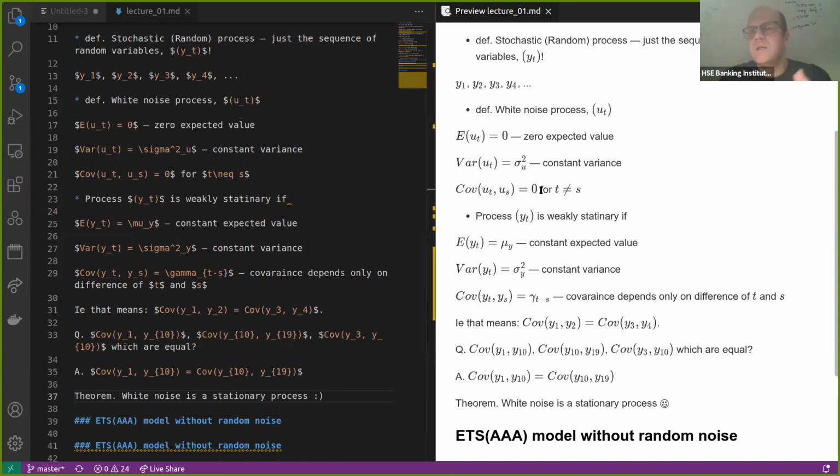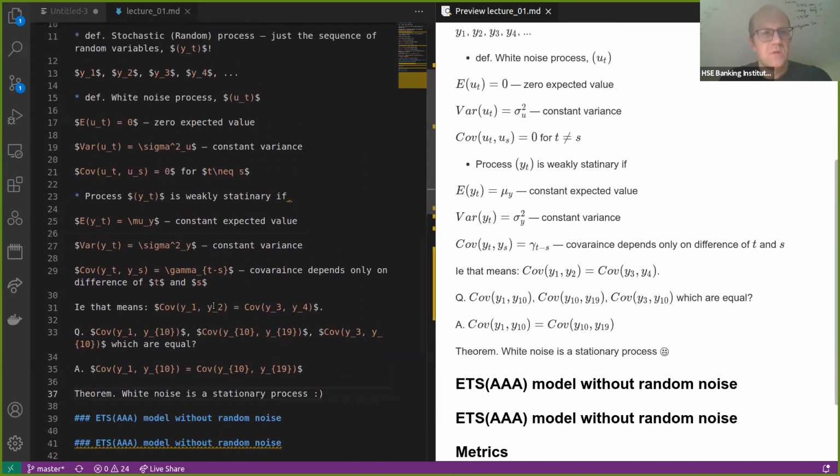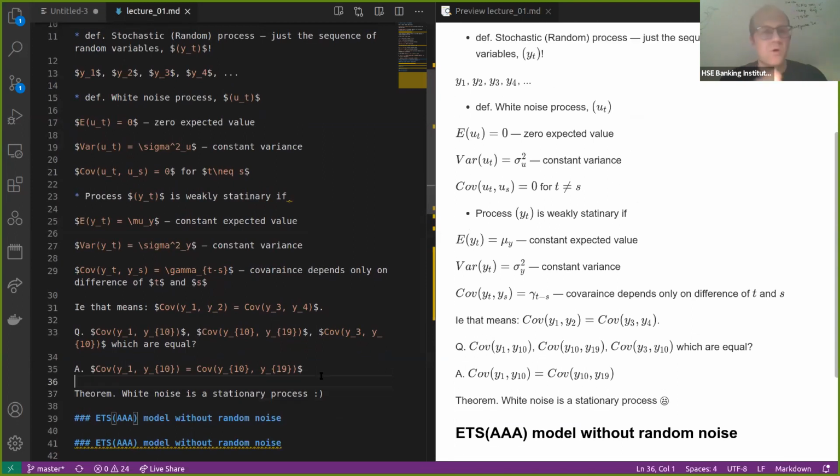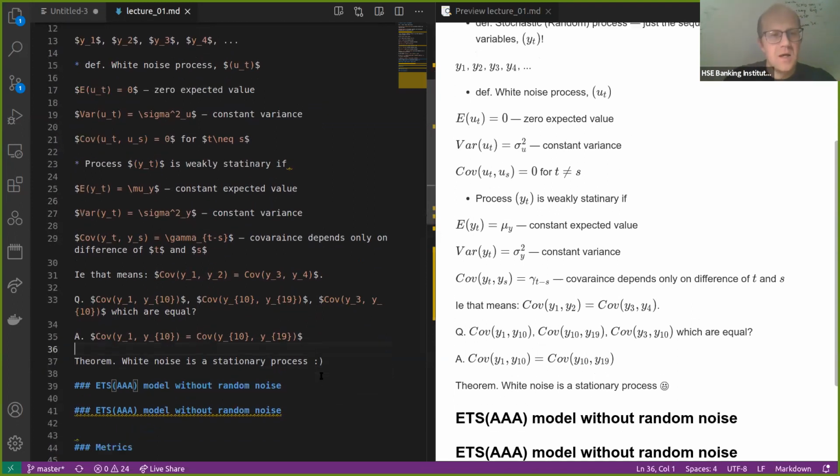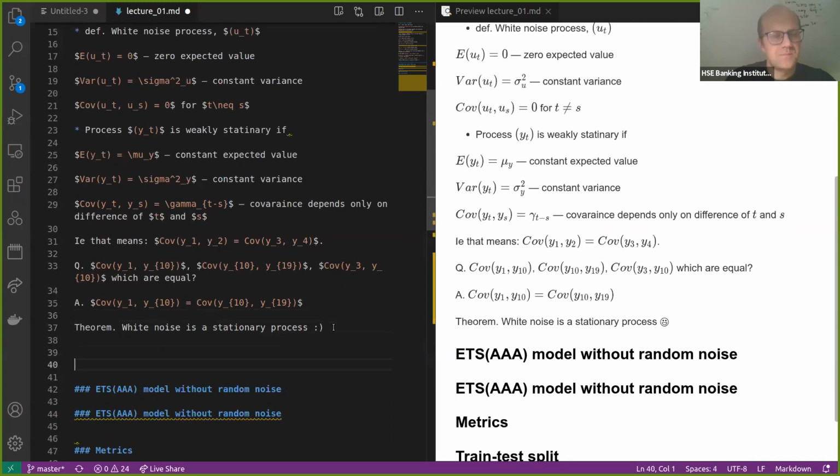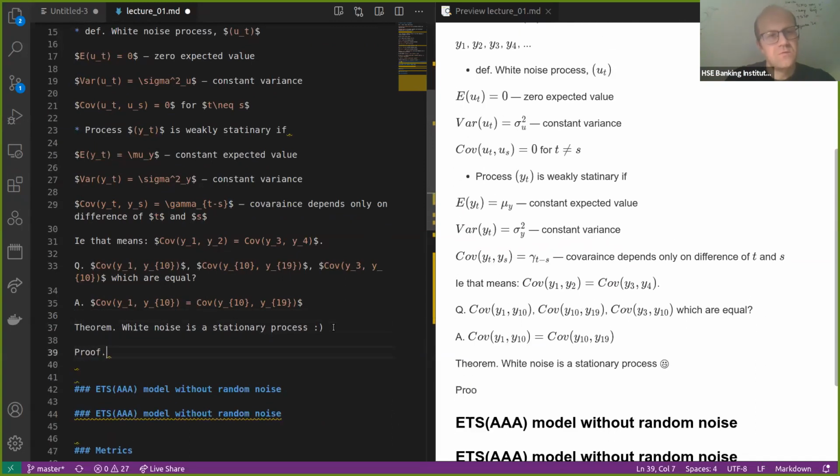It does not depend even on t and s, not on t, not on s, not on t minus s. That's okay. So let's provide some small exercises. Another good name, proof. Let's just check the definition.